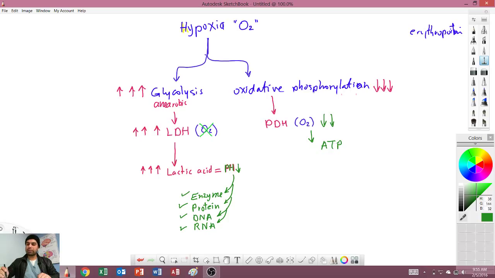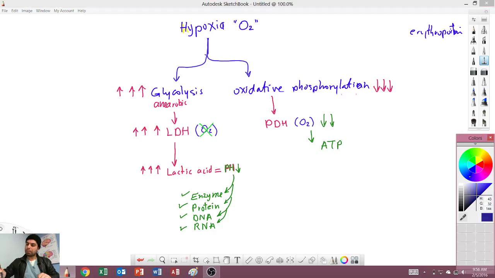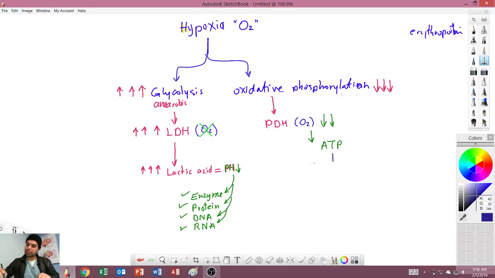The product of oxidative phosphorylation defect, or hypoxia, is less ATP. But there are major things that depend on ATP. One of them is the sodium potassium pump. If you have no ATP, what happens to this pump's activity? It decreases, of course, because this pump needs ATP.